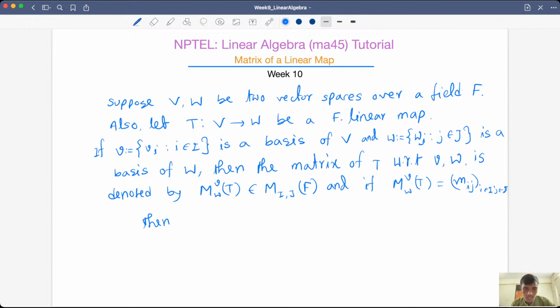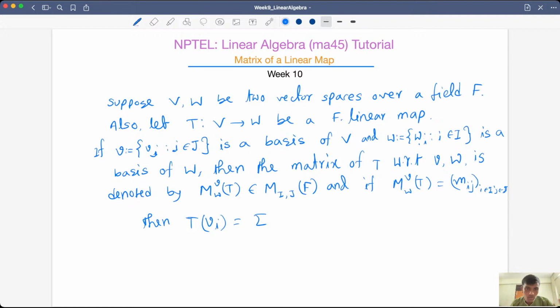So this is T of v, which should be a sum of... I missed it, so probably take this as j and this as i, then it will be better. So j belongs to capital J and i belongs to capital I.